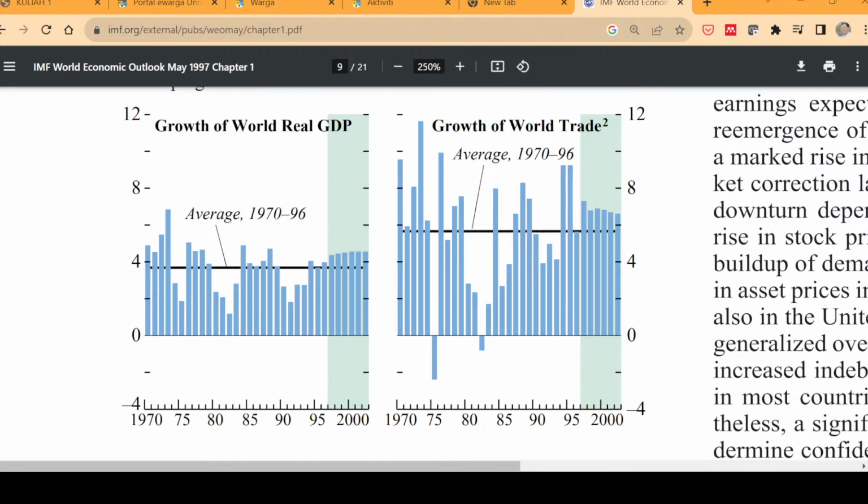Can be weather, can be a war, can be disruption of supply, a catastrophe like a natural disaster, a pandemic like COVID-19.